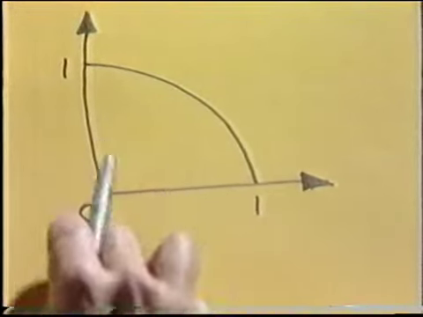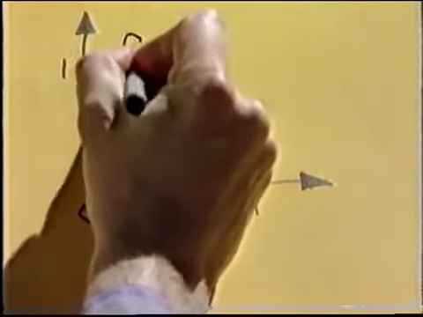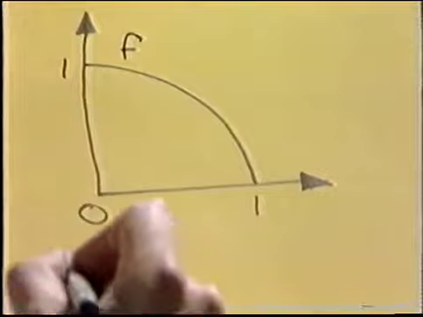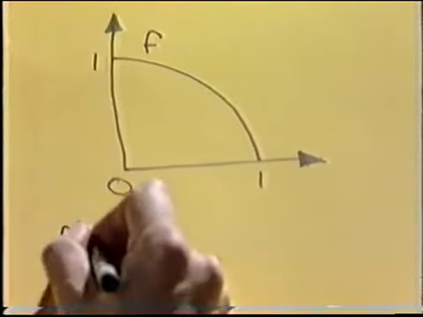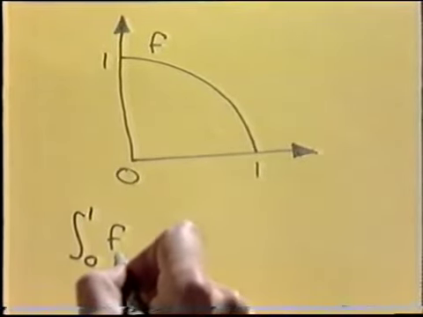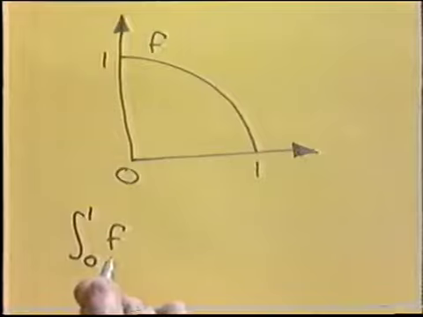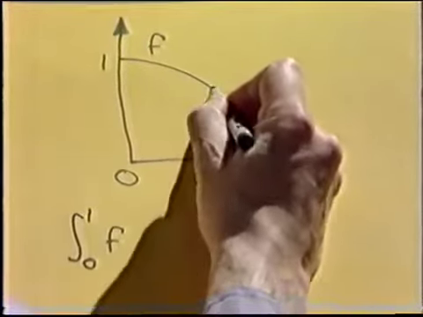I'm interested in this area. And if I think of this curve as the graph of a function f, that means the area is given by the integral of f from 0 to 1. So the next thing to do is find the rule for f. Let's take a typical point on the circle and draw in a perpendicular.